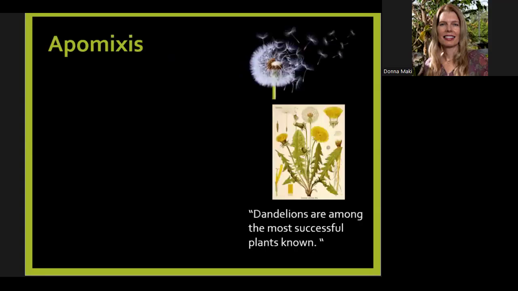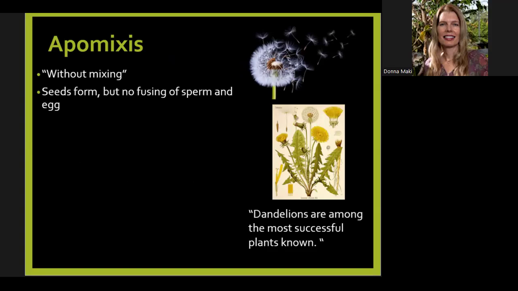Okay, and then this is another one, apomixis. If you dissect that term, apomixis means without mixing. That's literally what that word means. So this is another weird thing. There's seeds that actually form, but it didn't happen because of pollination.